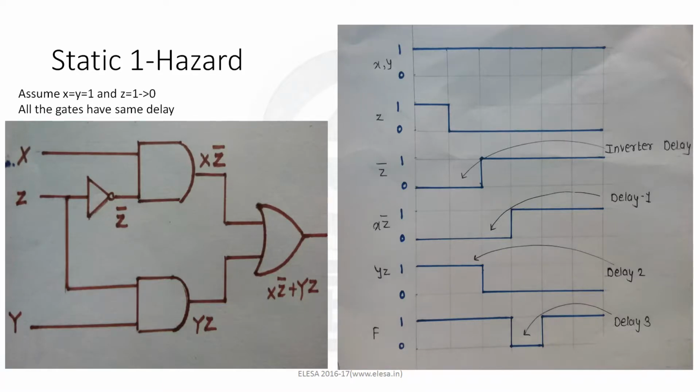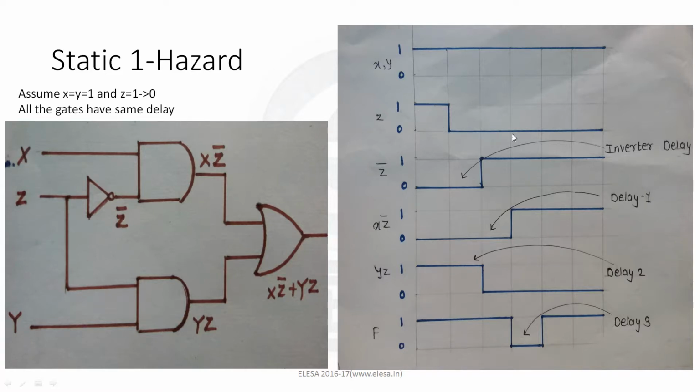So here is the static 1 hazard. Consider this gate circuit. Here we assume a condition that x equals y equals 1, and z is changing from 1 to 0. So from this diagram we draw a waveform. As x and y are constantly 1, here is the waveform, and z is changing from 1 to 0.